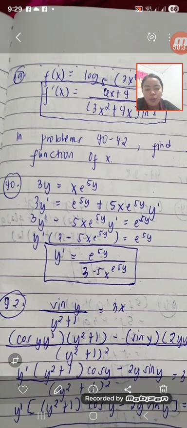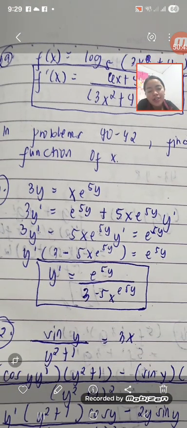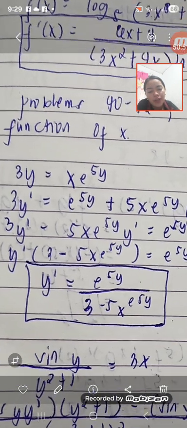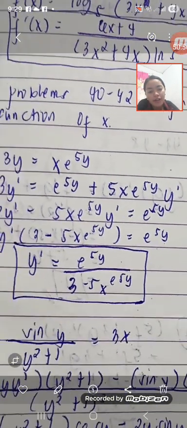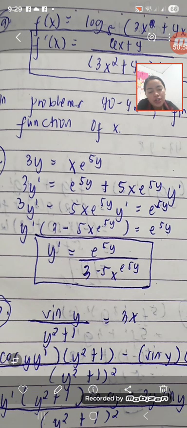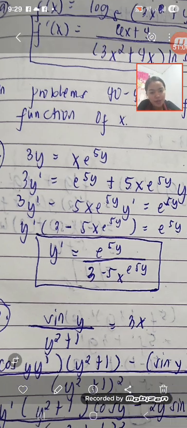So we need to combine like terms. In combining like terms, we need to transpose the 5x e^(5y) y prime to the other side. That's why we subtract it from the 3y prime, and it is equal to e^(5y). So we just need to take y prime outside and combine these terms.